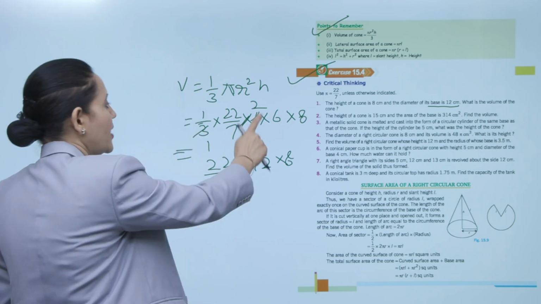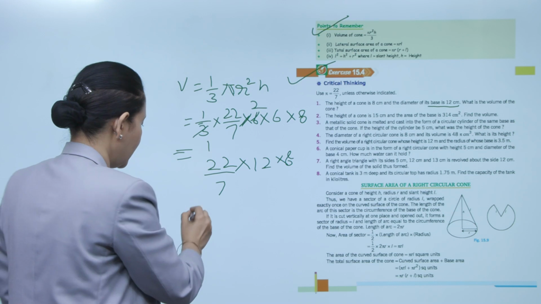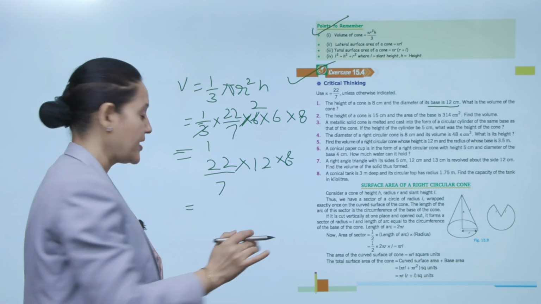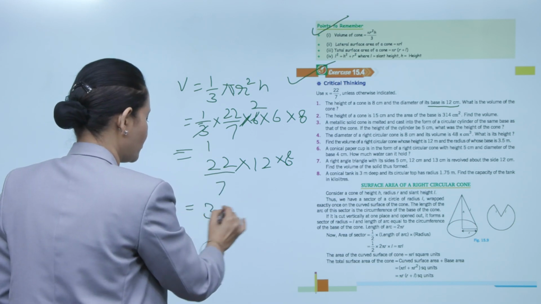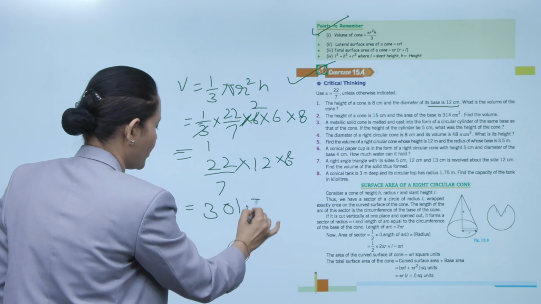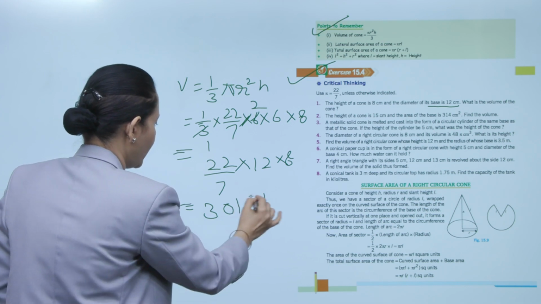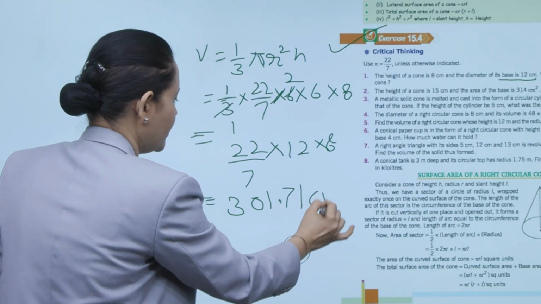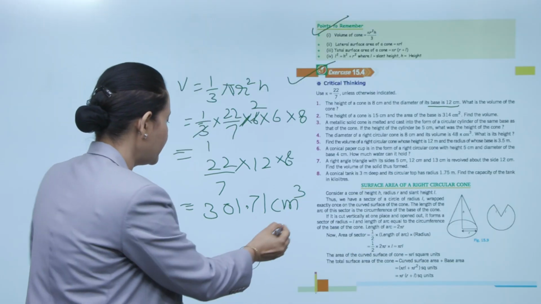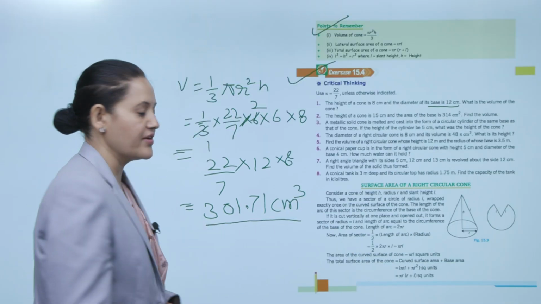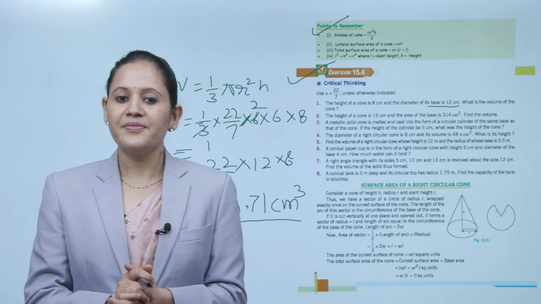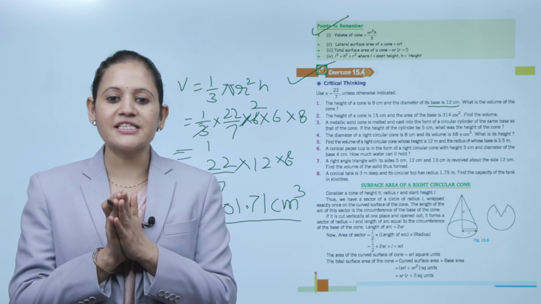Clear? So that is equal to 301.71 centimeter cube. So this is the volume of the given cone. Clear? Practice all the questions of this exercise.